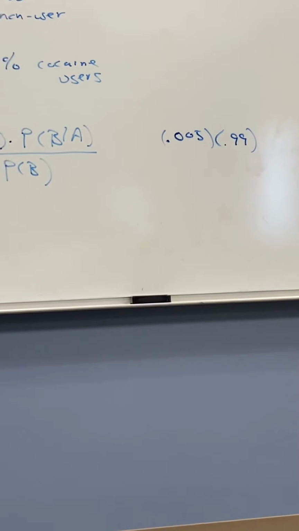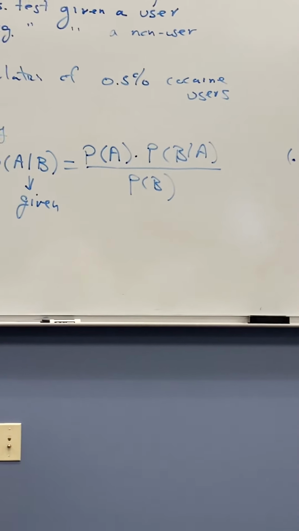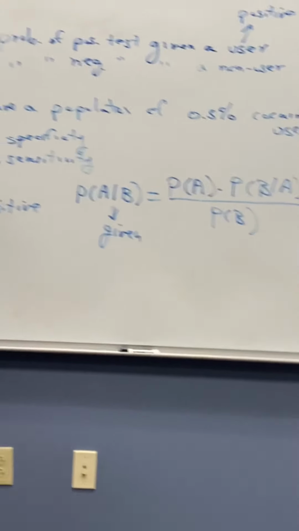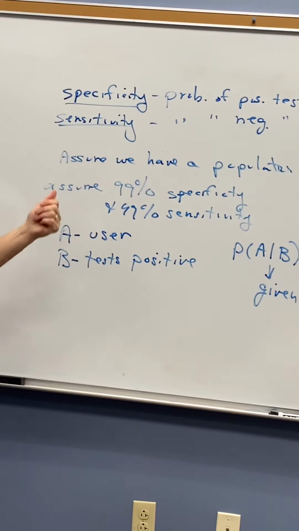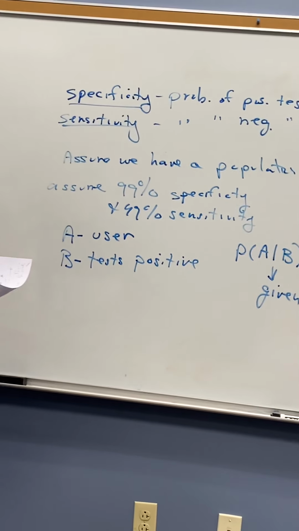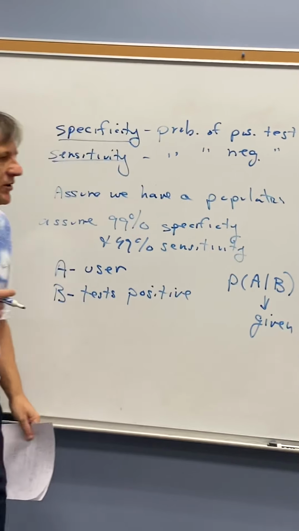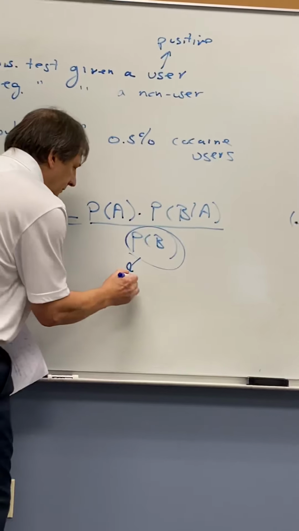What's the probability of B? They're the denominator. This is a little bit different. The probability of B, that you test positive, is not directly given to us, but it's, you might say, indirectly given to us. What we need to do is basically break this into parts.